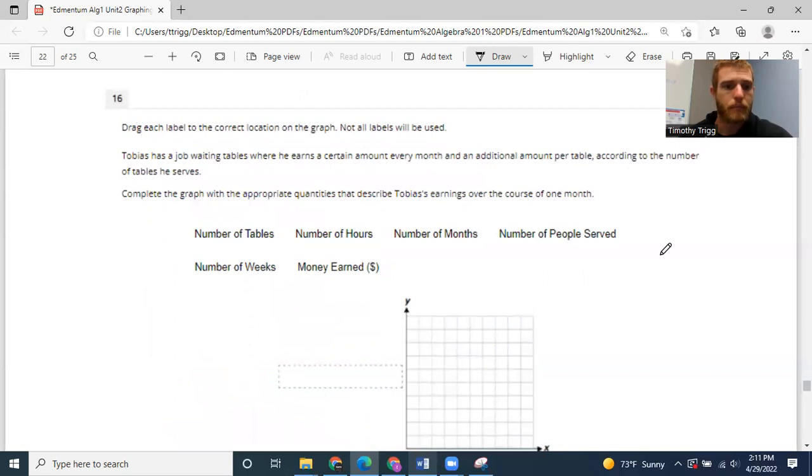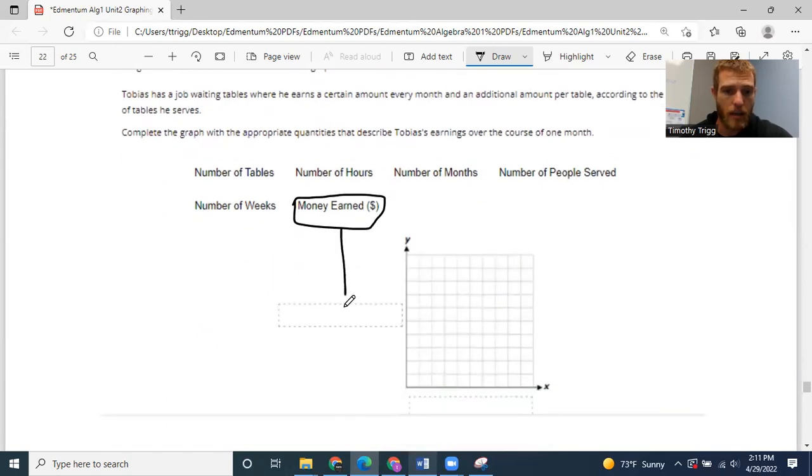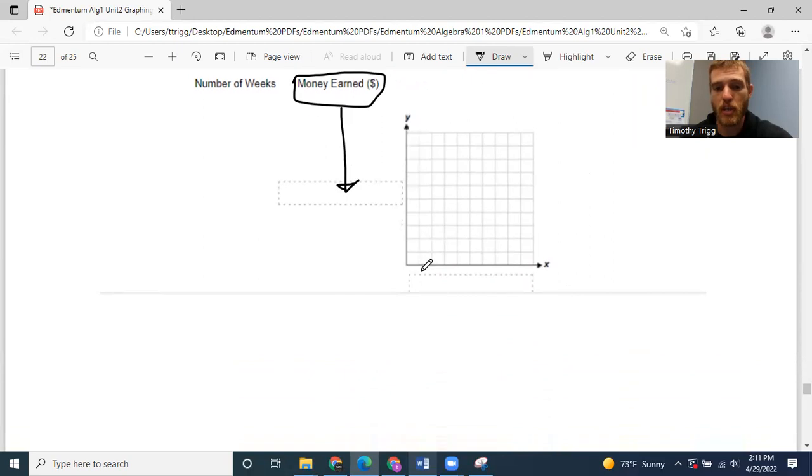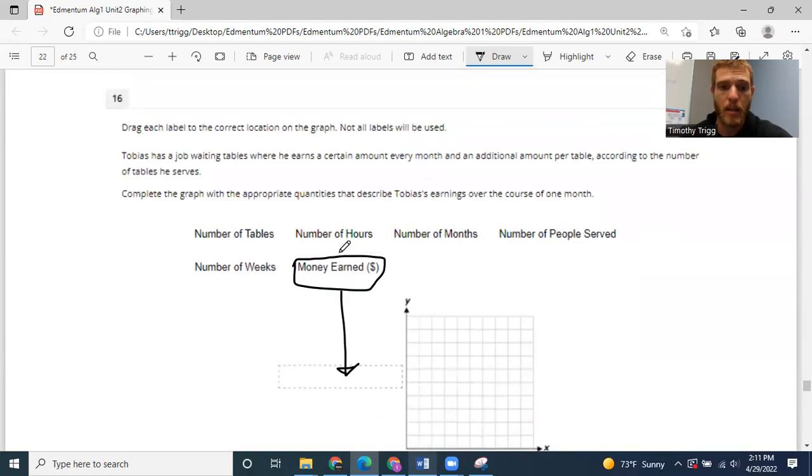So the amount of money earned, definitely that's going to be our dependent variable. So the amount of money earned depends on what? Which of these makes the most sense as the independent variable? The amount of money earned depends on what, according to this situation?